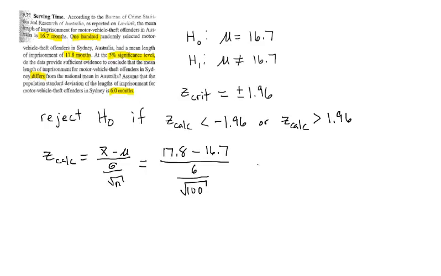And when we put this into our calculator, we get 1.83. And we can see that 1.83 is not greater than 1.96, so we're going to fail to reject H0.